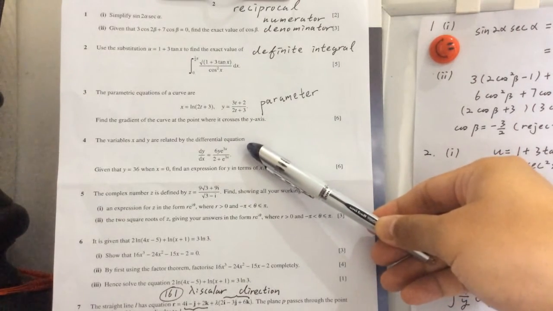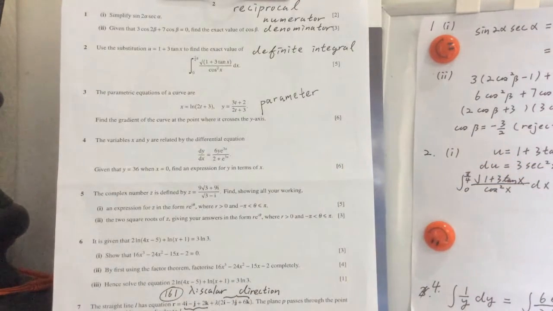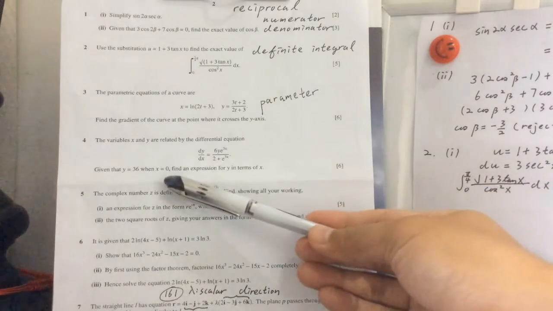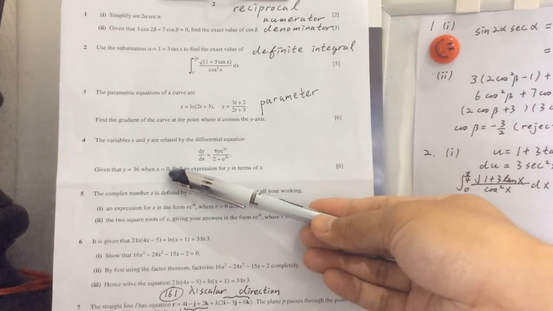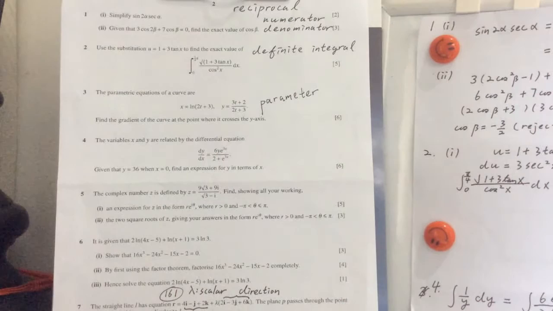We need to find the expression for y in terms of x with the given condition: when x equals 0, y equals 36. So to solve a differential equation, we first of all need to put all the y's on one side and all the x's on another side, like this.